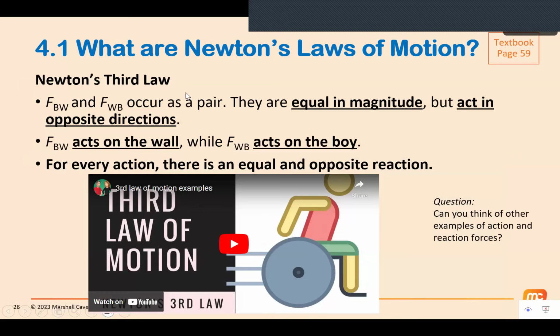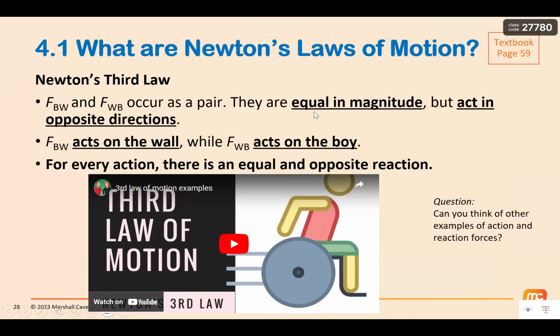For Newton's third law, it is important to take note that the two action and reaction forces, the force of A on B and the force of B on A, are equal in magnitude, but they act in opposite directions.